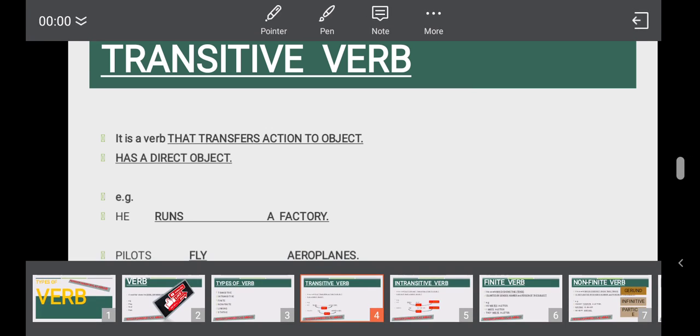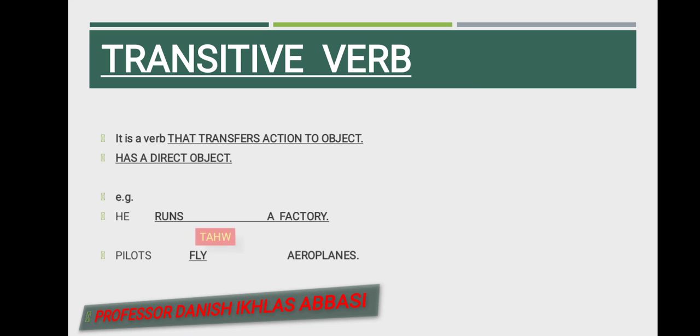If the answer comes to this question what, then the verb should be a transitive verb. For example, if we put the question what on the verb run, then we find the answer the factory. So the verb run is a transitive verb.